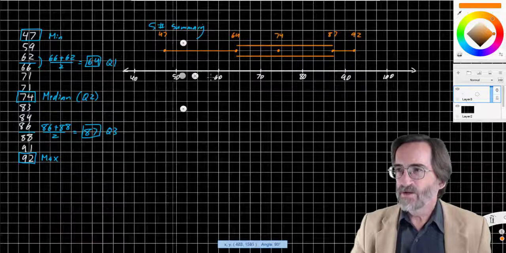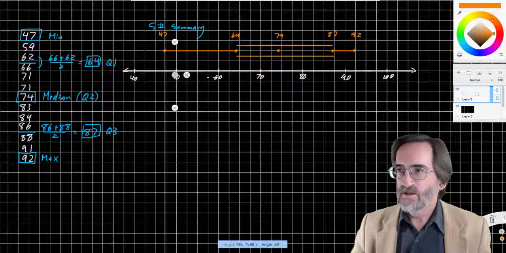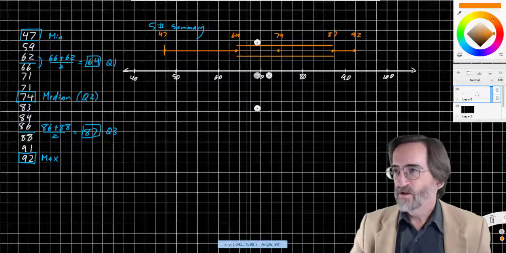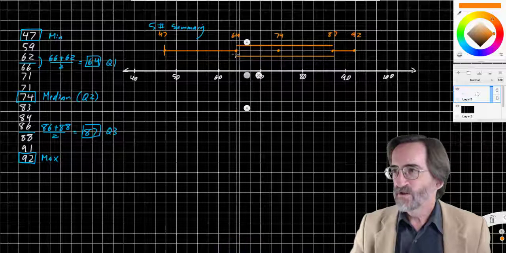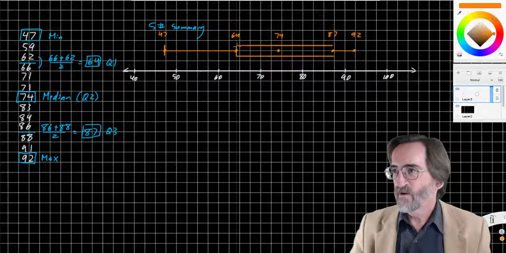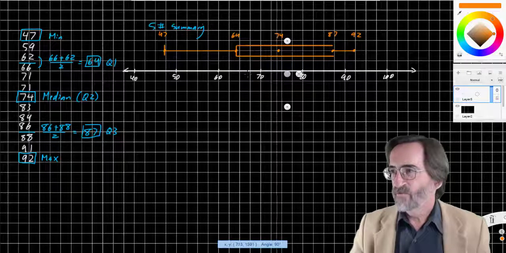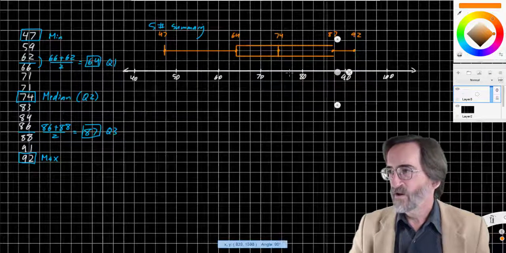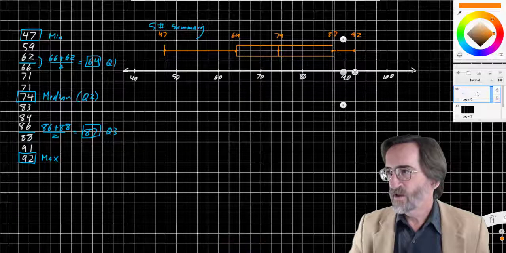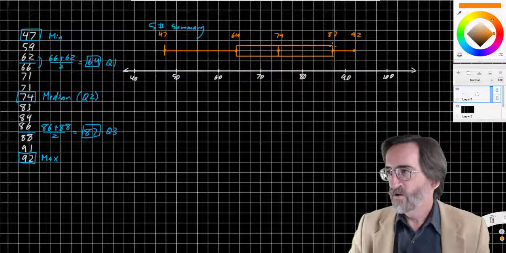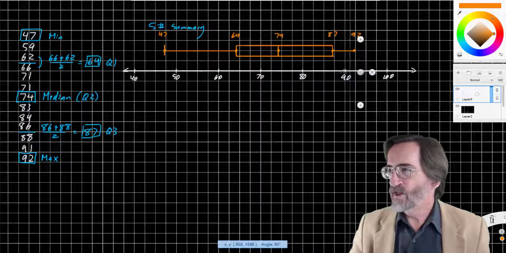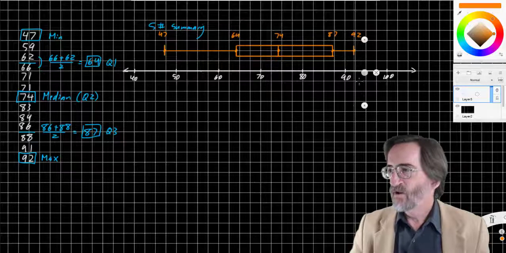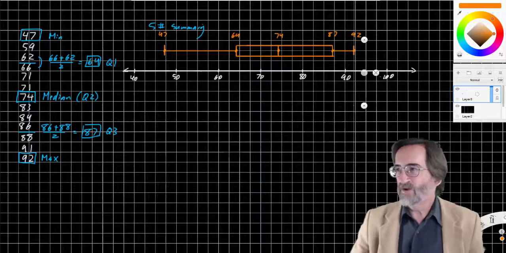Then we're going to do a little vertical line at each of the 5 numbers. And one last vertical line here. And that's a box and whisker plot.